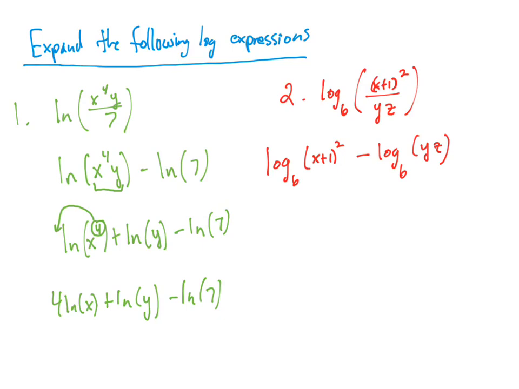In the first term, this 2 can come down as a coefficient. So 2 log base 6 of x plus 1 minus, because the second term has a product, I'm going to expand that using the multiplication rule, but the minus sign in front is going to get distributed to each term.